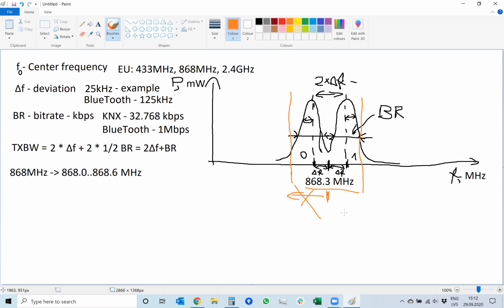So if you're in middle, you're the most further away from the permissible sides, so you don't care. You just need to make sure that the deviation times 2 plus bitrate is not wider than 0.6, like this.